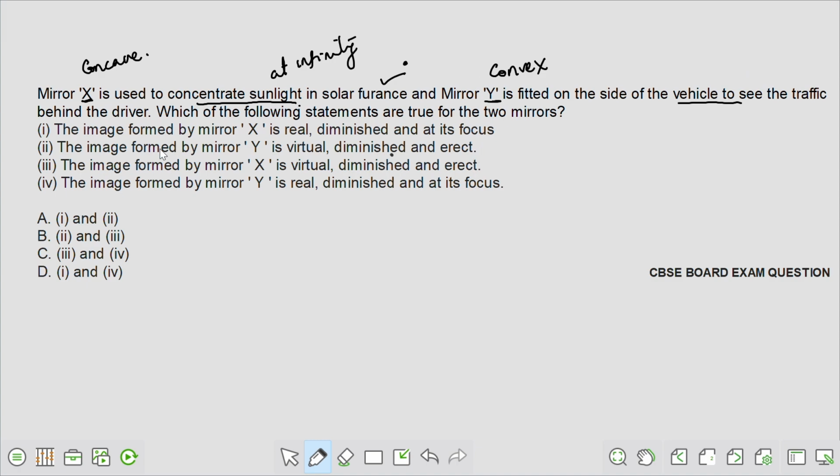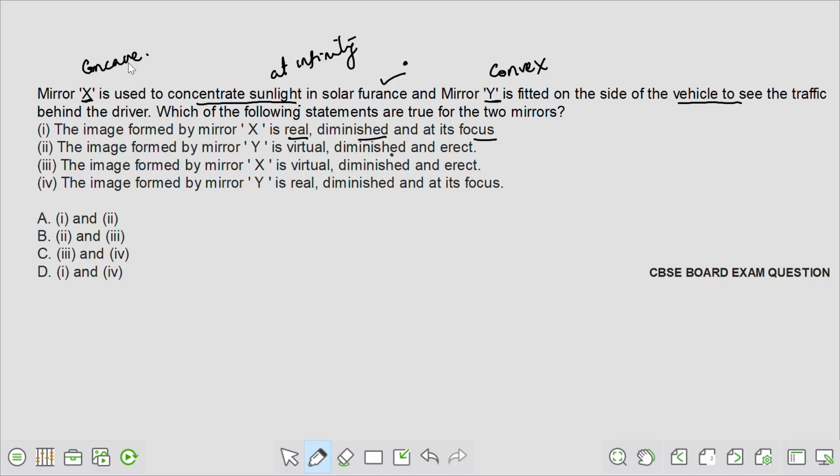Now let us understand. The image formed by X is real, diminished and at its focus. Do you agree with this? Now our job is to eliminate the options.